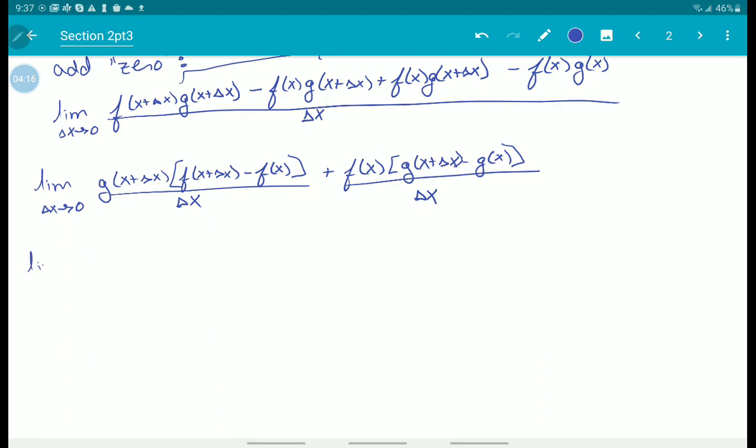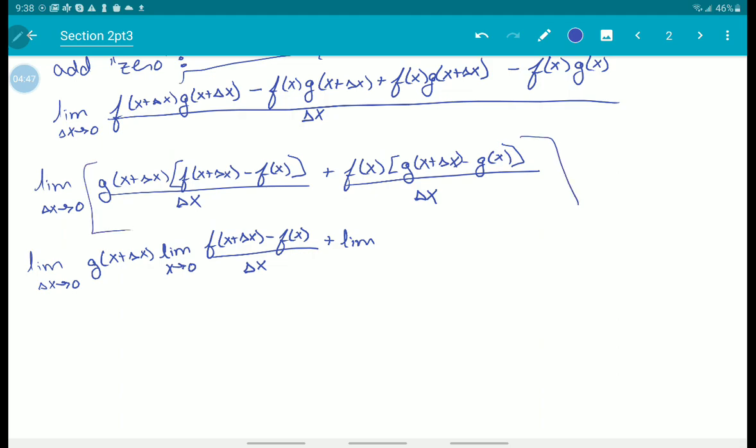So now we're going to think about how can we rewrite this using limit properties from chapter 1. So the limit of the product is the product of the limits. Same thing here.